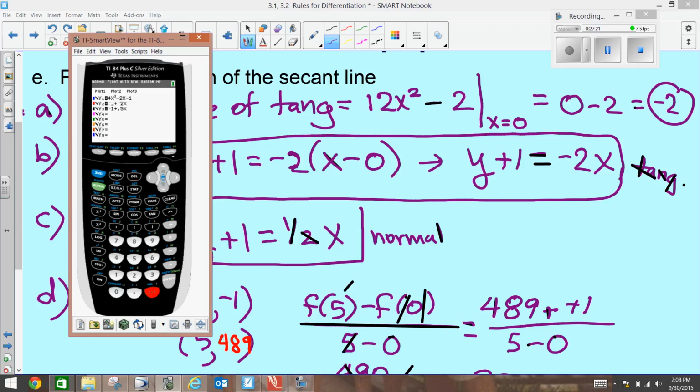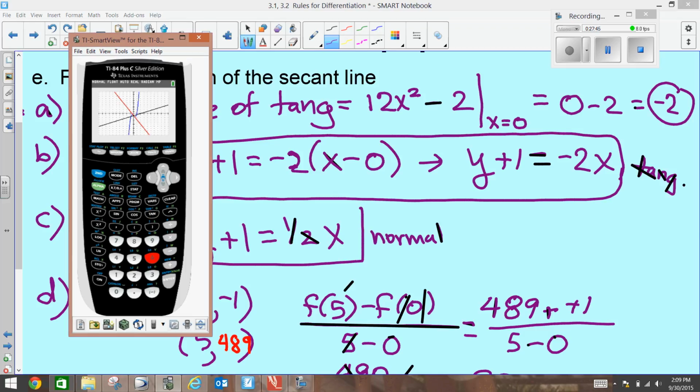All right, now let's graph. I'm going to go back to standard. And I got my grid on, but that's okay. I had it on from something else. Okay, so there's my function. And remember, we're at 0, negative 1. That's my normal line.